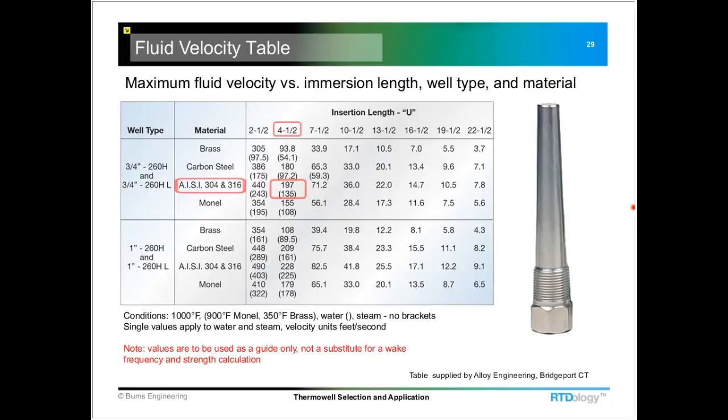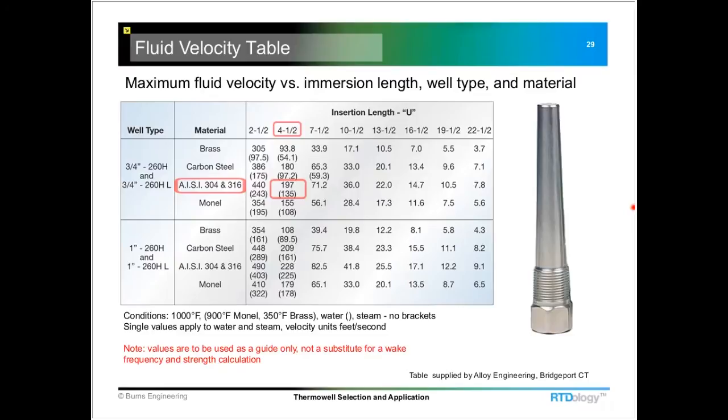There's a lot of factors that come into play in selecting that, and probably the best place to start would be with what the process is going to require. Do you have a time response issue? If that's the case, if you want something fast, you'd start with a stepped stem. If you need strength, I'd start with tapered right away.